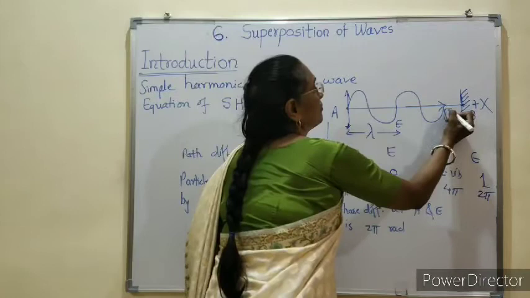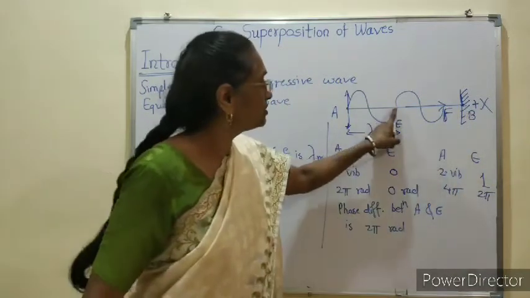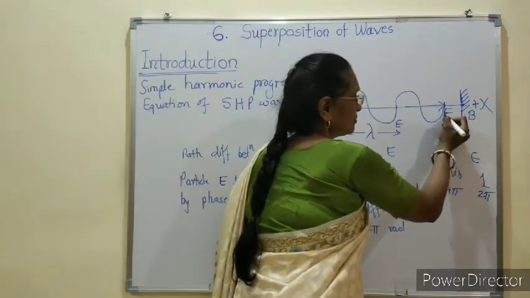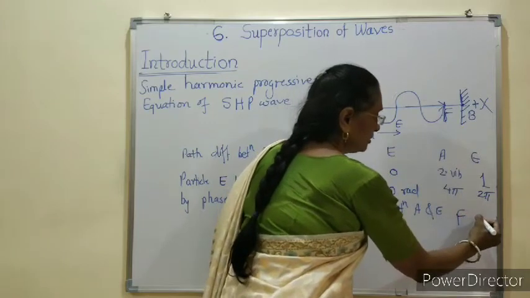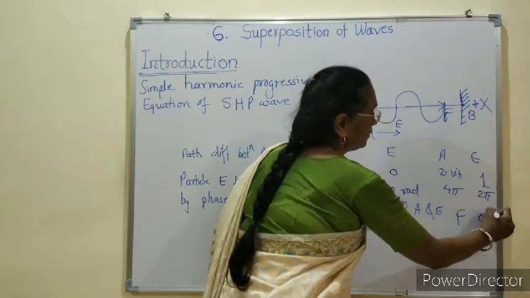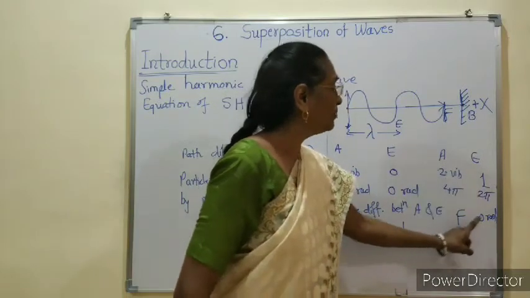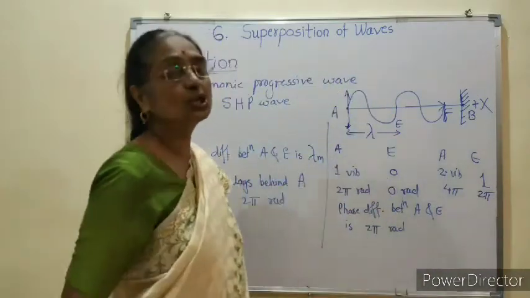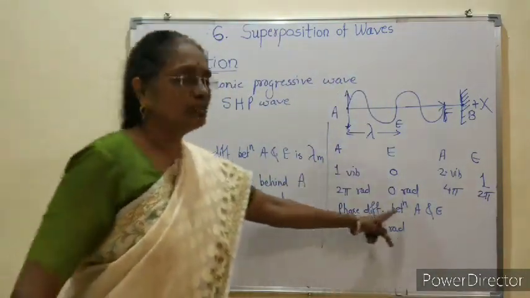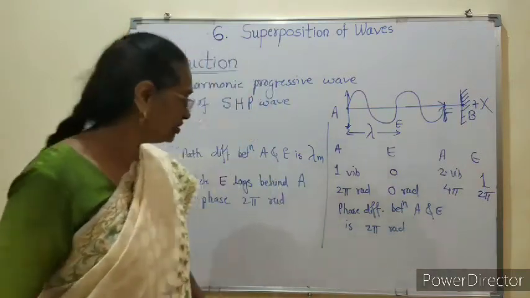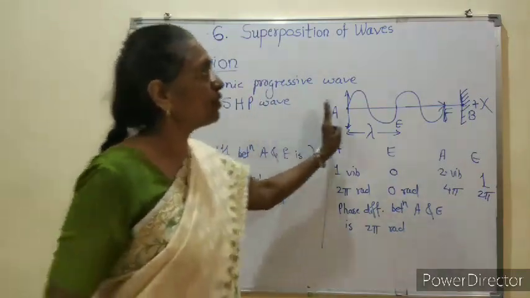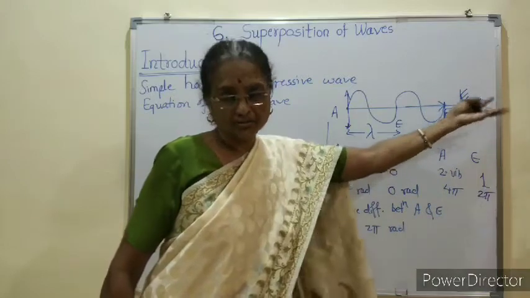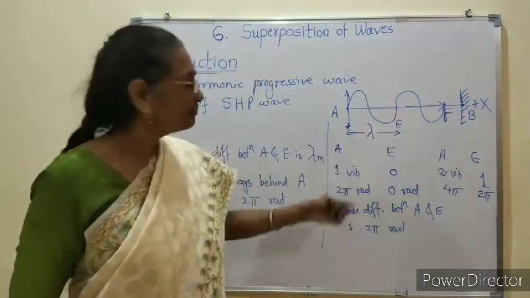If we consider another particle, say F, the phase difference between E and F is also twice pi radian, because when the disturbance reaches F, its phase is 0 radian. So we can write it for further particles also. We consider only a pair A and E, and this is true for all succeeding particles E, F, G like this.